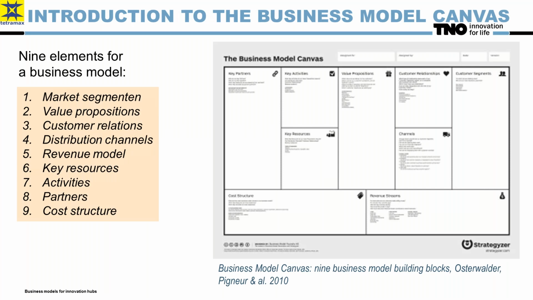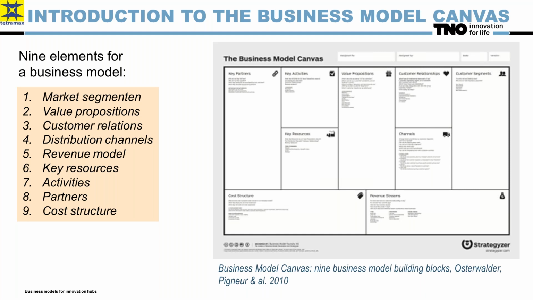And I would like to also end up with some information about the business model canvas, because this is usually one of the main tools that you can use to get a better grip on how to develop your business models. There are 9 elements: market segments, etc. I would advise you to go and look at Wikipedia.